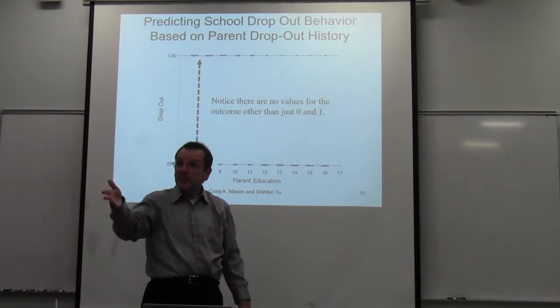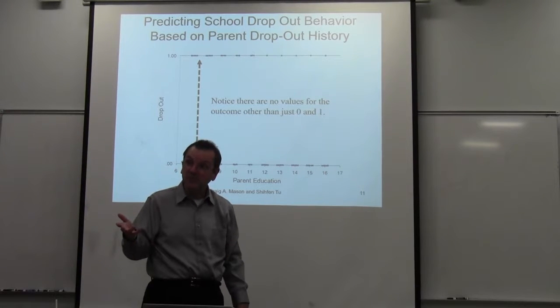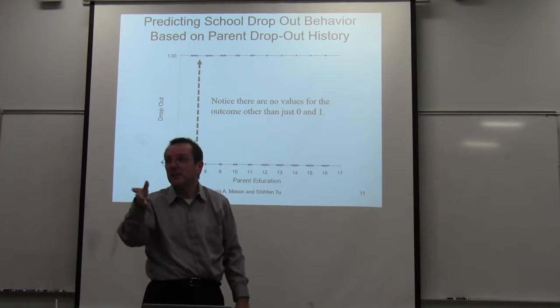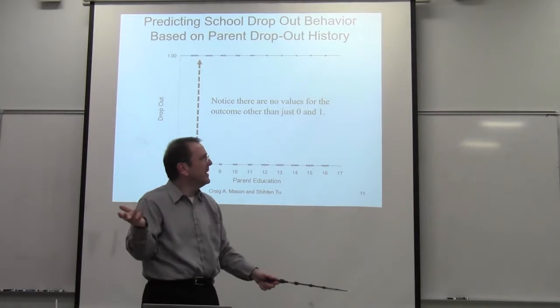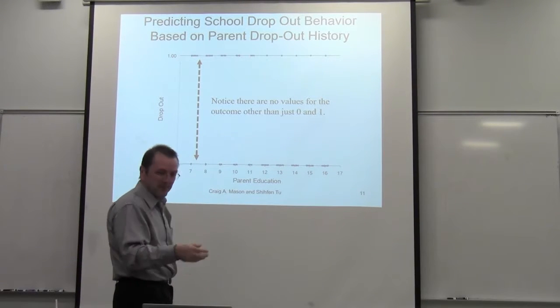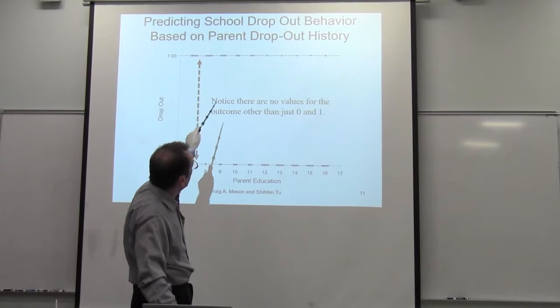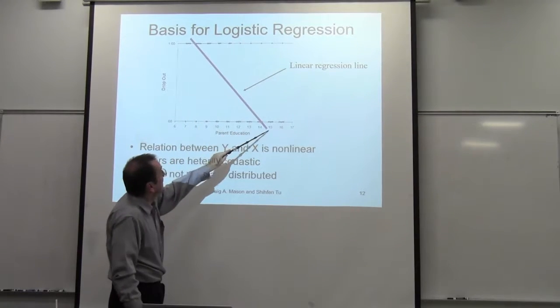I could plug this into a multiple regression. I've seen people do this sometimes. And that's an easy one to catch if you're a reviewer. It's like, I can't do that. But if I did a multiple regression and put a regression line through this, it's going to look something like this.